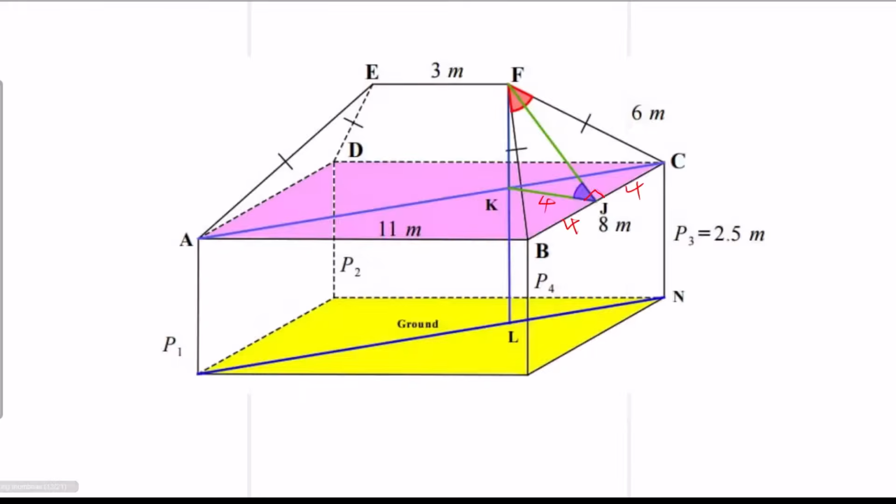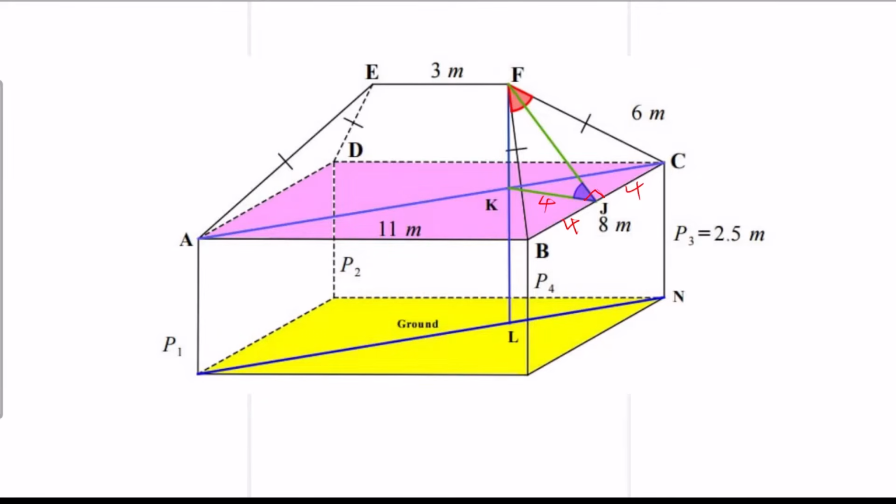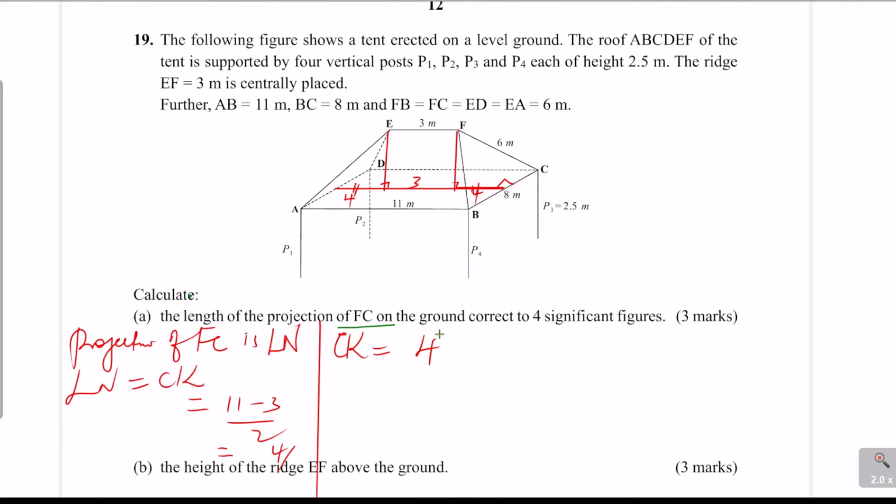So CK is equal to, using Pythagoras theorem, the square root of 4 squared plus 4 squared. This gives the square root of 32, which is 5.657 meters.